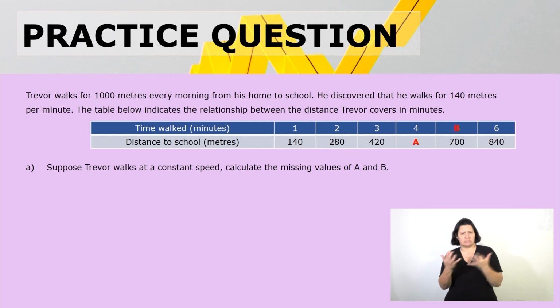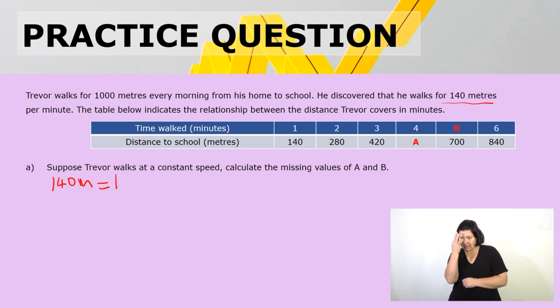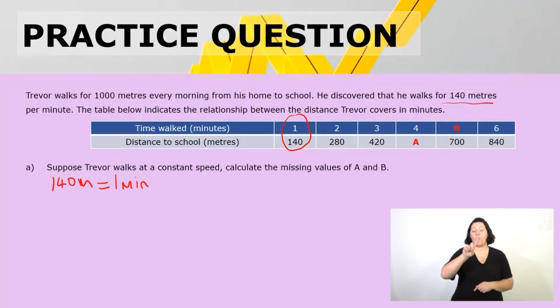From the given scenario, we know that Trevor walks 140 meters per minute. Even from the table, you can see that. They say time taken, if it's 1 minute, he shall have walked 140 meters.